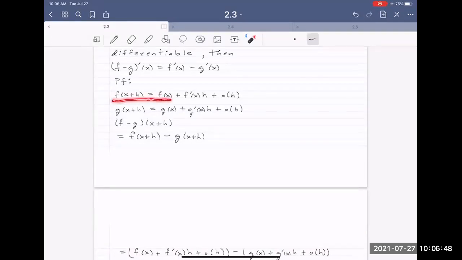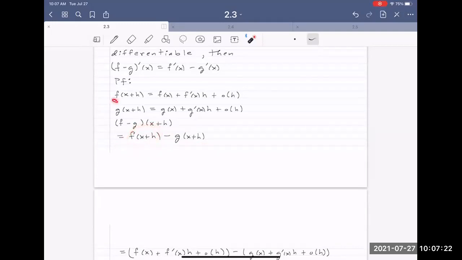f of x plus h is equal to f of x plus f prime of x times h plus little o of h, since f is differentiable. Since g is differentiable, g of x plus h is equal to g of x plus g prime of x times h plus little o of h. Therefore, f minus g at x plus h is equal to f of x plus h minus g of x plus h.